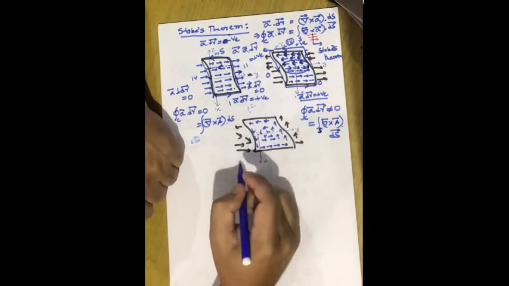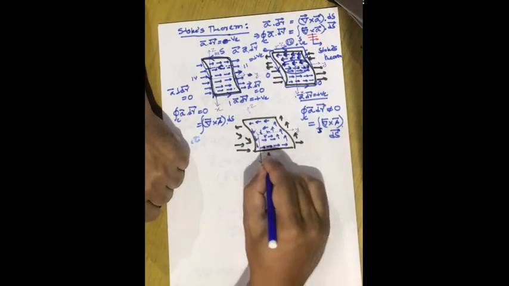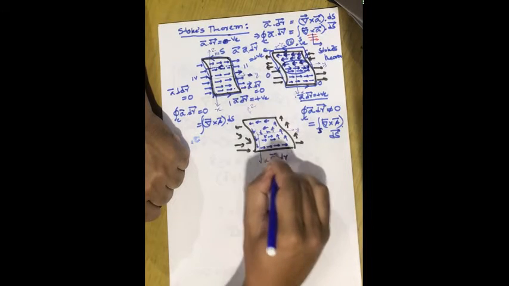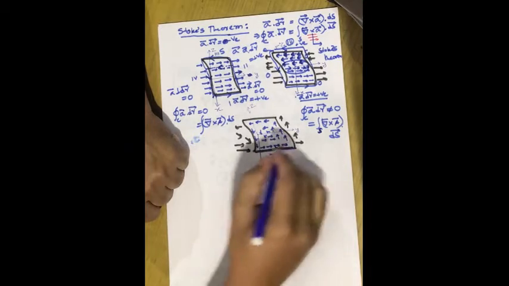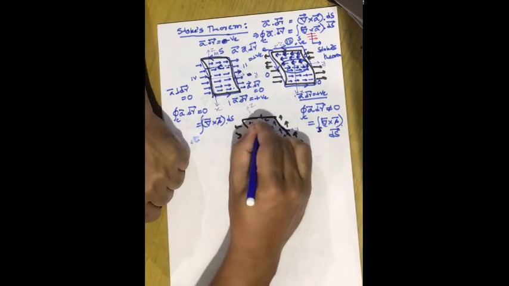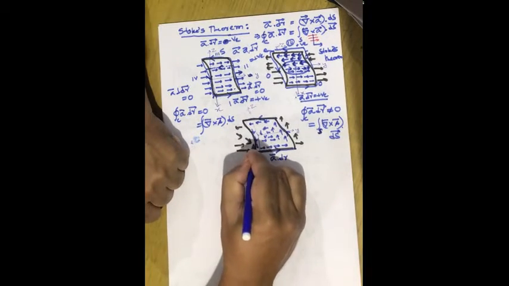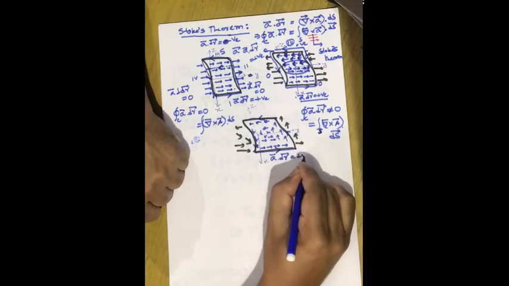Okay, now let's consider this part of this equation. Here you can see A dot dr. Of course the line element will be first anti-clockwise along this direction, second along this direction, third along this direction, and fourth along this direction. So along the path A dot dr is equal to positive.